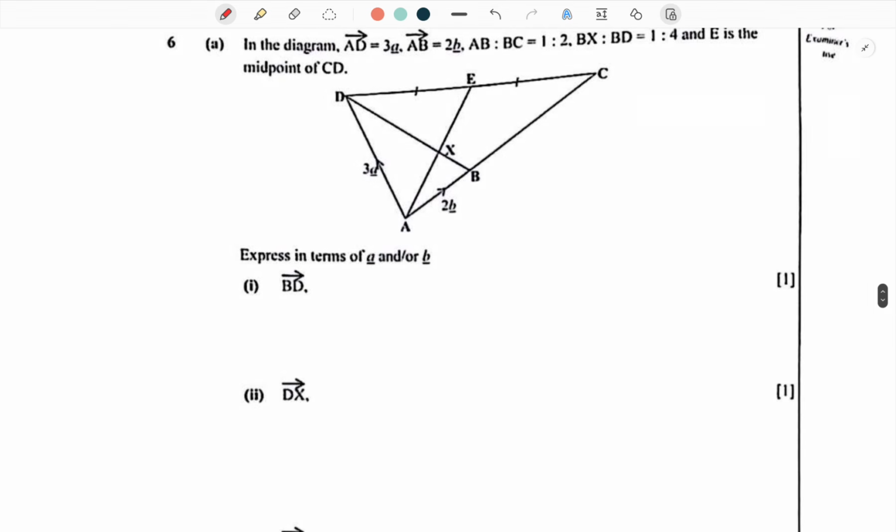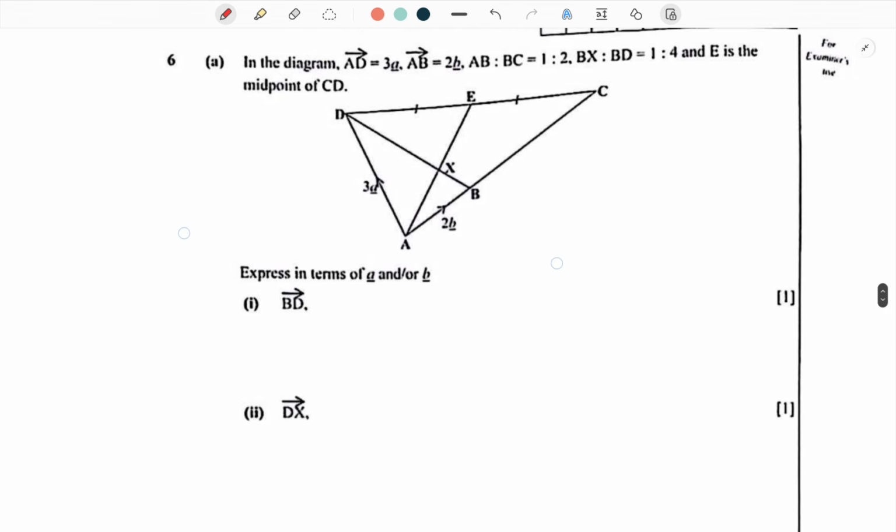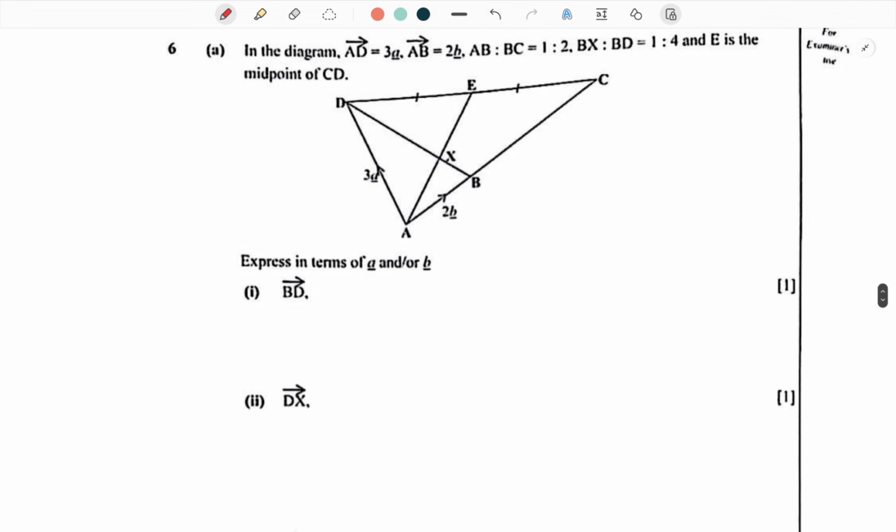Vectors. Now look at this. The question is saying in the diagram, AD is 3a. So this is AD. AB is equal to 2b. And then they are saying that AB and BC is, so this is supposed to be our 1.